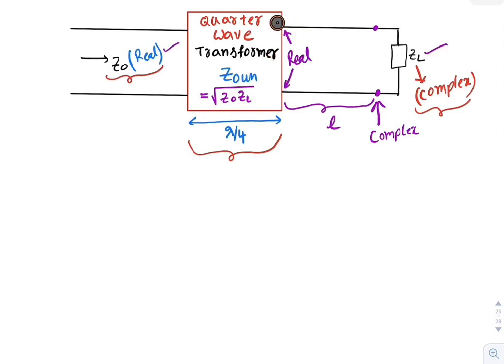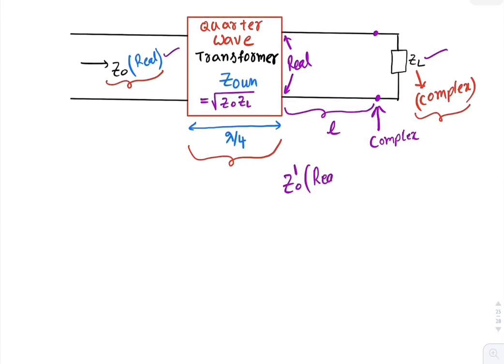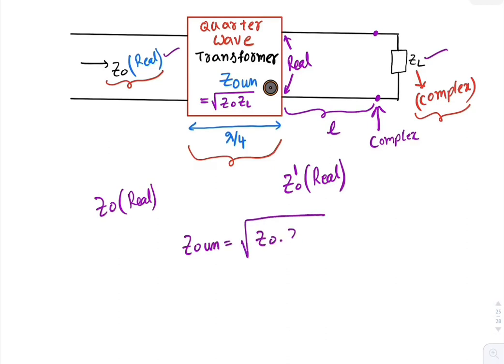If impedance is real here, then let us say that is Z0'. This Z0' is a real value and characteristic impedance Z0 is also a real value. That means by using a quarter wave transformer, you can transform Z0' to Z0, and the characteristic impedance of this transformer is Z0'' equal to root over Z0 into Z0'.